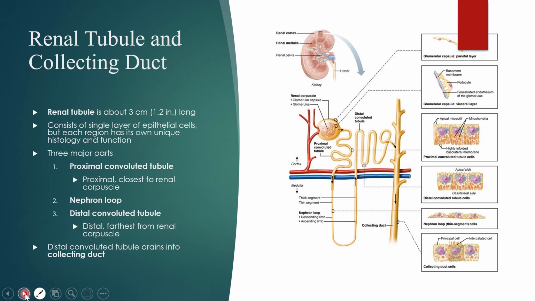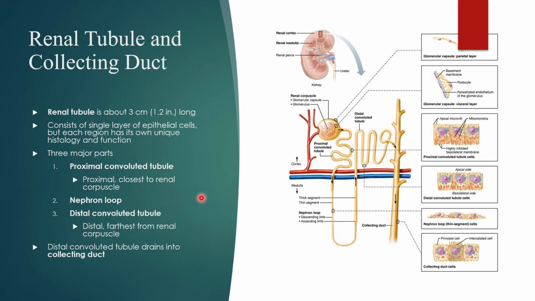And once you get into the renal tubule, that's actually now starting from this part here. Okay, you now have different cells forming the renal tubule. The renal tubule for every nephron is about 3 centimeters long, only about 1.2 inches long, and it's made up of a single layer of epithelial cells.